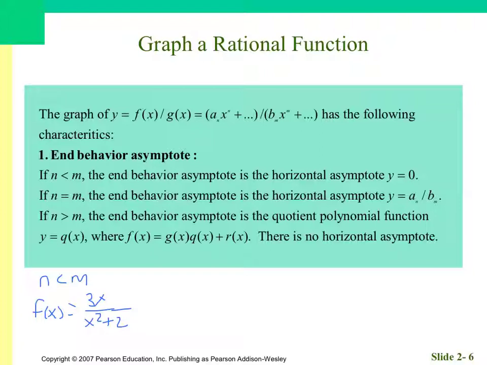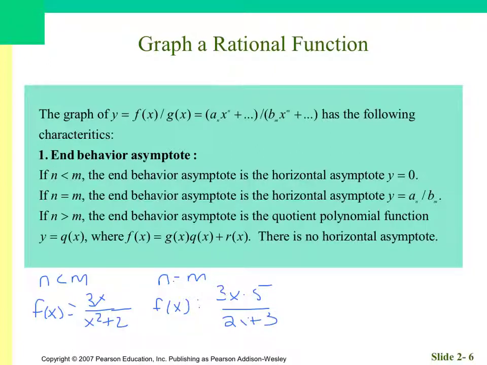So it says if n equals m. So if n equals m, we have 3x minus 5 over 2x plus 3.